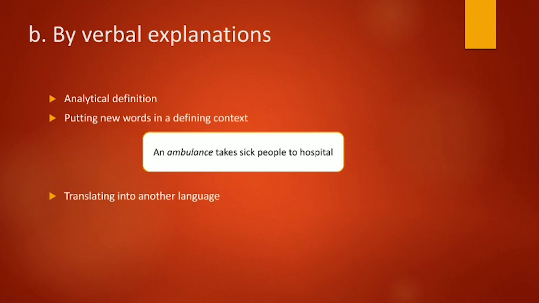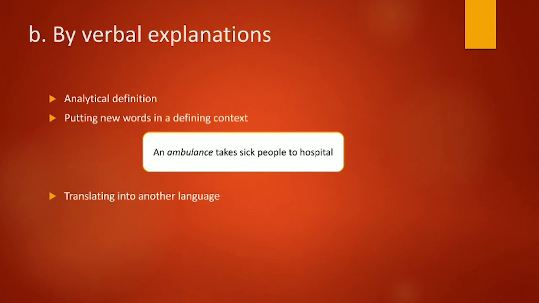We can say ambulance over and over again and stress the word ambulance to the children so that children can know what ambulance is, and they have the shape of ambulance in their head, and then they have an abstract idea in their head about ambulance. And then they can also conclude that ambulance is a transportation for taking people to hospital.